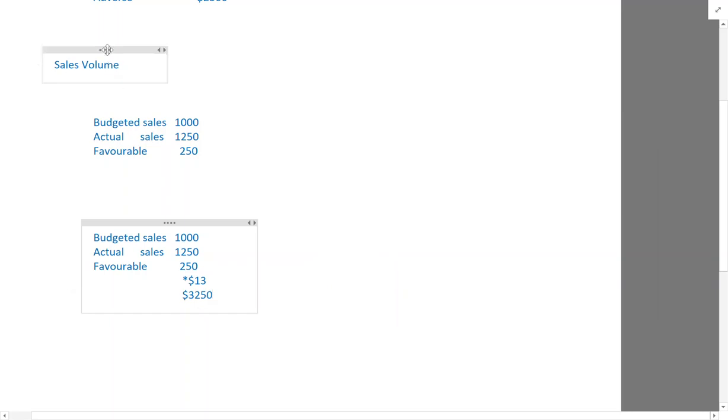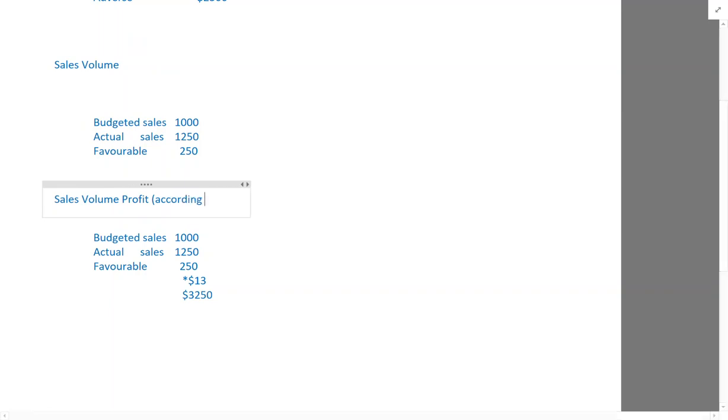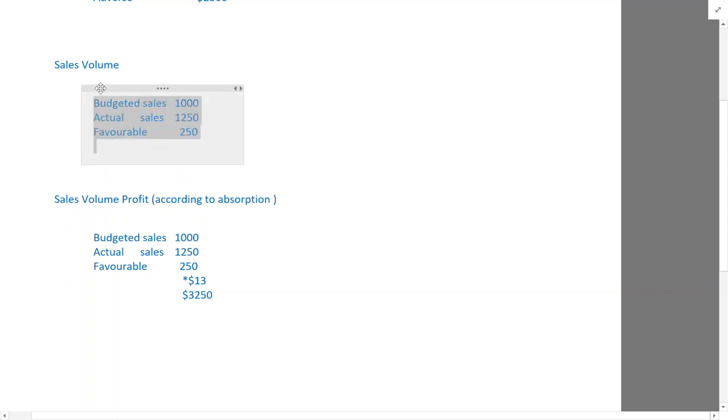Now this will be called sales volume profit variance, and this is according to which costing, marginal or absorption? Absorption, because absorption costing believes in profit per unit, marginal costing believes in contribution per unit. Profit comes after contribution. So after fixed cost per unit has been deducted, yeah?